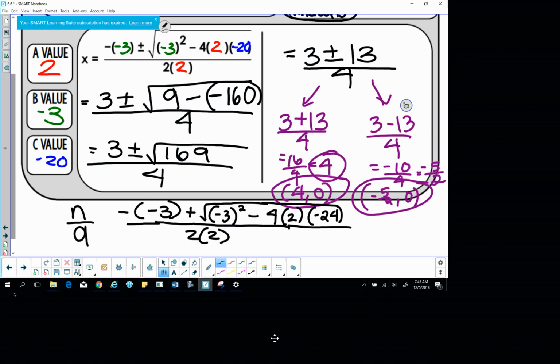Who didn't get this answer? When you do this, your answer should be 4. Did you do minus or plus?